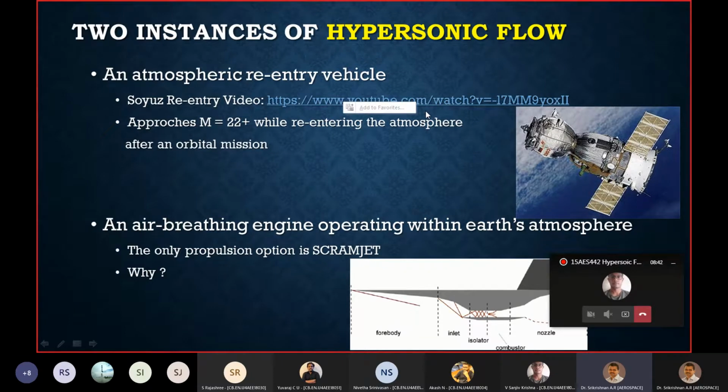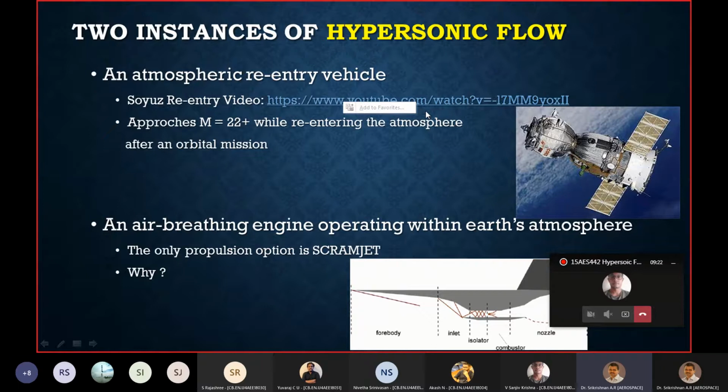Mach 22 is itself a huge velocity, and when a flying object encounters air at that velocity, there is going to be great frictional encounter and also shock formation, with pressure increase and temperature increase because of the shock formation as well as frictional dissipation. So the heating and the pressure waves it has to encounter are going to be huge. That's one category, that is re-entry vehicles.